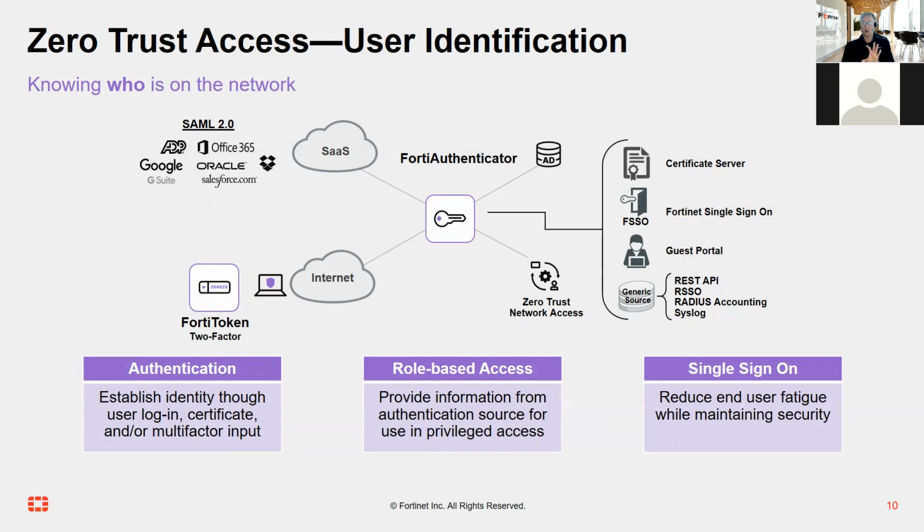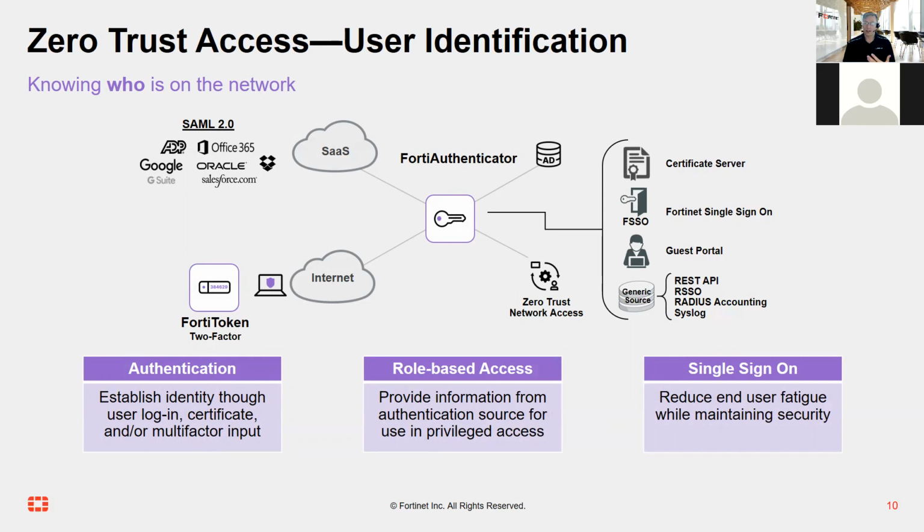FortiAuthenticator not only can coordinate the role-based access on the network, but it can also control access to cloud-based assets. Through the SAML protocol, FortiAuthenticator can be your authentication against SaaS products you might be using, such as Office 365 or Salesforce.com. So your users, when they go to log into these applications, would use the same username and password that they use to log into the account and access internal applications and resources.